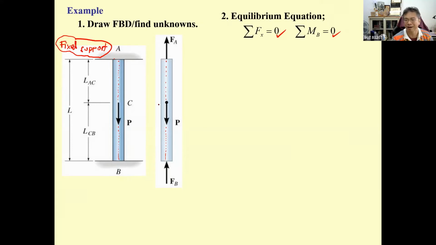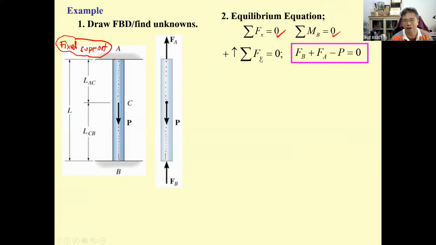Only one equation is left: summation of F sub Y equal to 0. If upward is positive, F sub A plus F sub B minus P is 0, since the reactions are upward. See, you use all of the equations of equilibrium, but the number of unknowns is more than the equations now. You have 2, that is F sub A and F sub B.